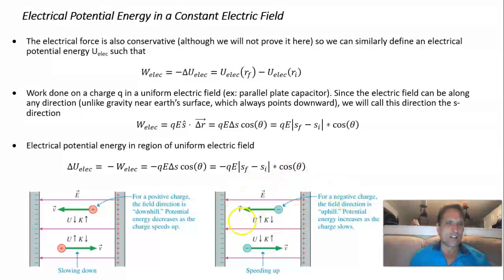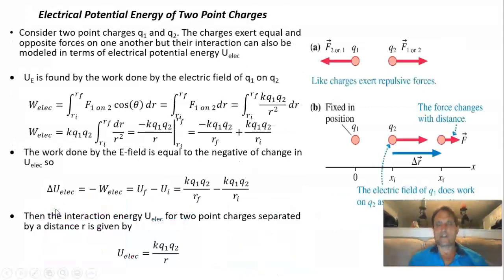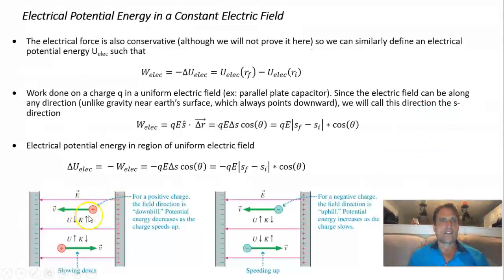And then we went over an example here. So here's a positive charge, and the positive charge is going to be attracted to the negative plate, right? So it's going to go to the left in this figure. And in this case, the angle between the displacement and the electric field is 0. Cosine of 0 is 1. And so the work done by the field is QE delta S, right?